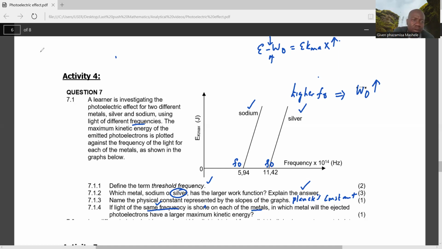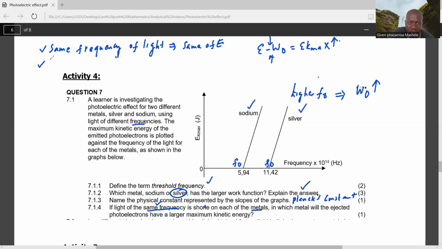Why? Because, number one, the same frequency of light implies the same energy of photon, E. And according to this, these two metals have different work functions.